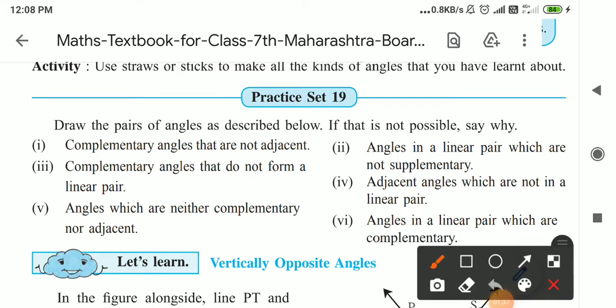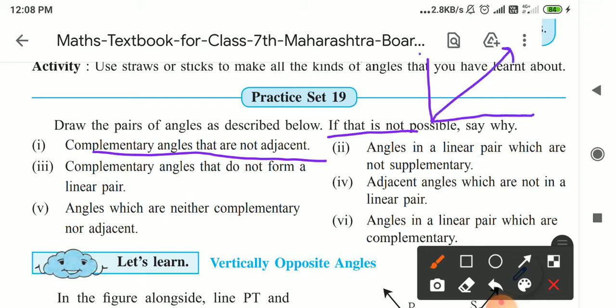To check this question, we have to draw at first. Sometimes the angles are complementary, suppose these types of angles. And the statement says complementary angles are not adjacent.